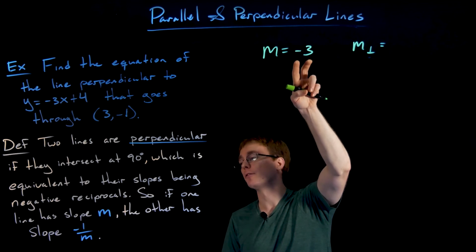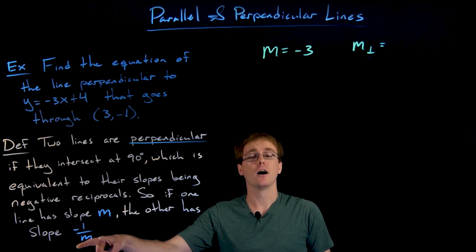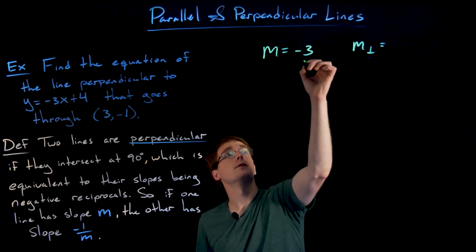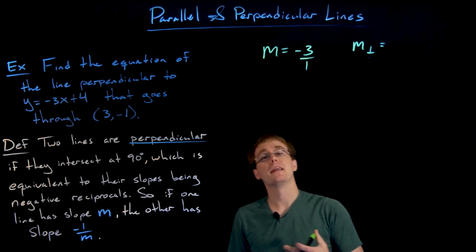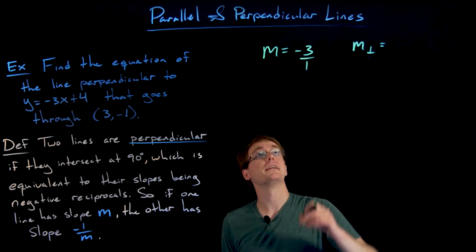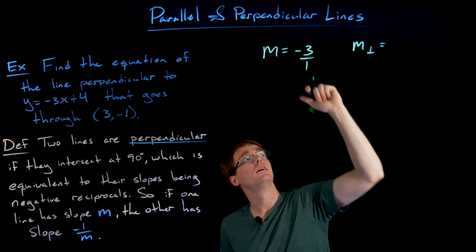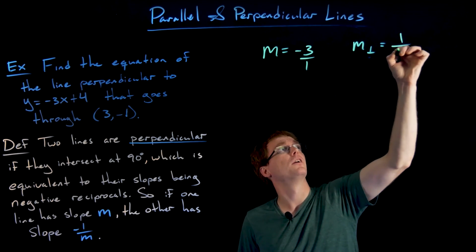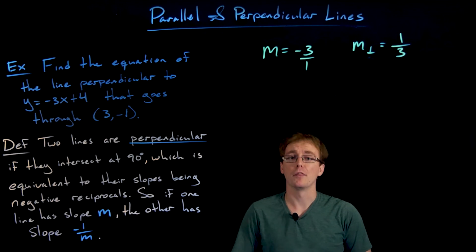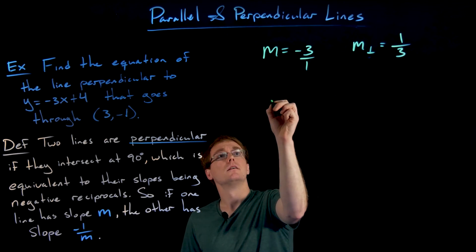If we know the slope of our original line, it's always the negative reciprocal of the other line. So if we think of that original slope, -3, as -3 over 1, first we have to multiply it by -1, which is going to cancel that negative out, then reciprocate it, or flip that fraction over, and so that'll give us 1/3 as the slope for our perpendicular line.